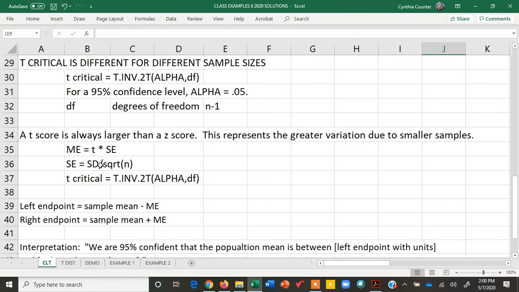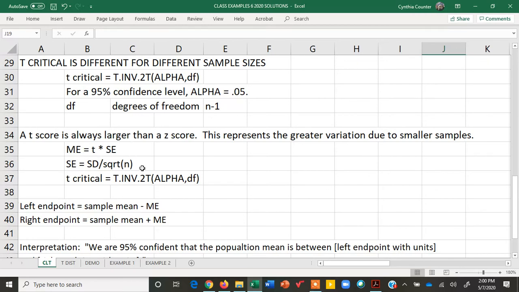So the t-score, our t-crit here, tells us how many standard errors we are away from the mean when we have a particular sample size and a particular alpha. We multiply that by the actual value of the standard error to get the actual distance from the mean, that maximum distance, which is the margin of error.